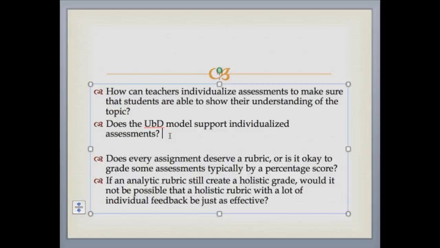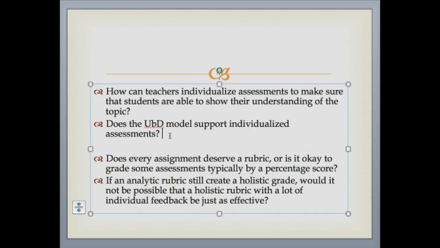So generally rubrics are for more large-scale assessments. And so also with assessments where most of the questions just have a right or a wrong answer, if it's a more objective assessment, then a rubric may not be necessary.